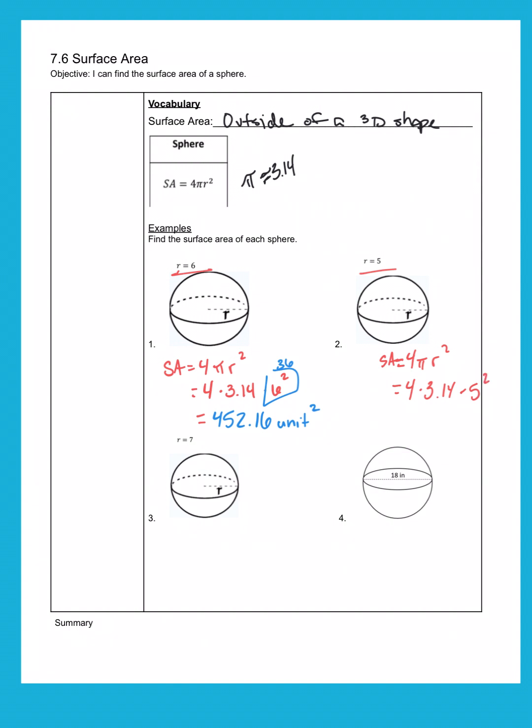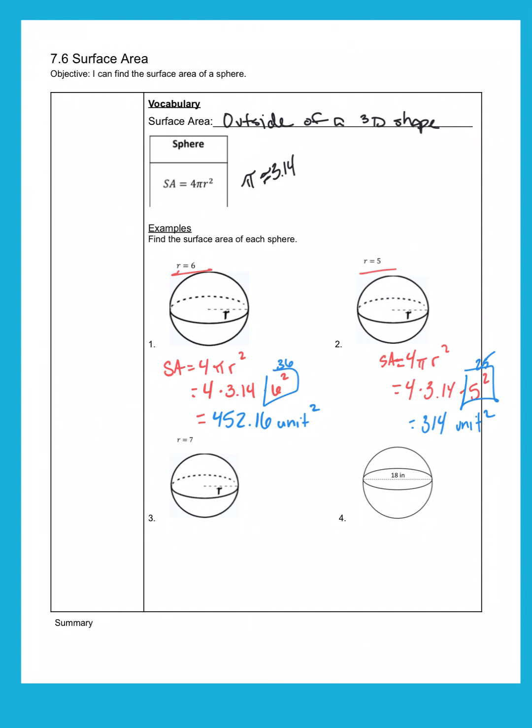Again, I'm going to do that 5 squared first, and 5 squared means 5 times 5, so that's 25. And I'm just going to multiply all straight across. 4 times 3.14 times the 25 that we found is 314. And again, it's just going to be units, so we don't know what it is. Units to the second.